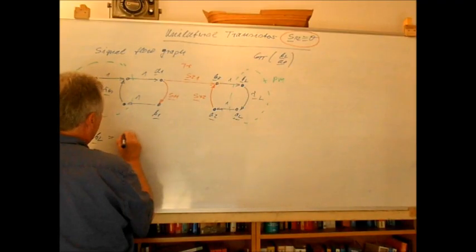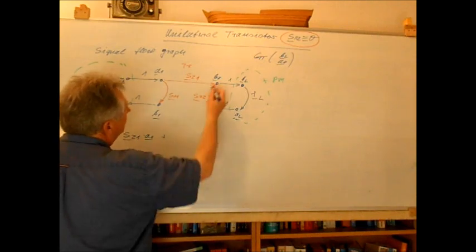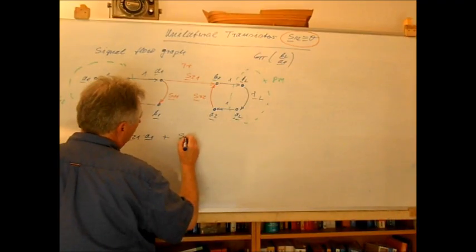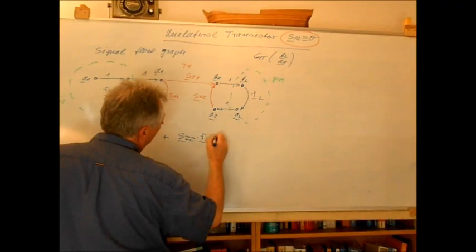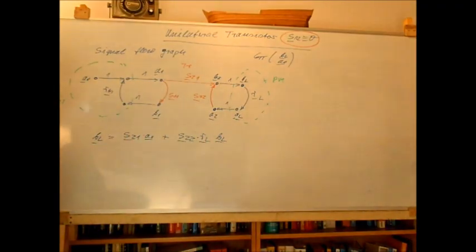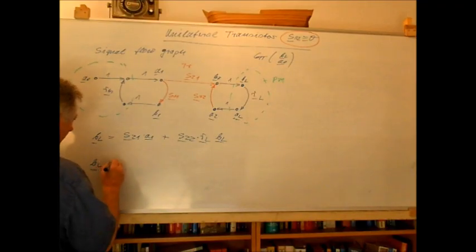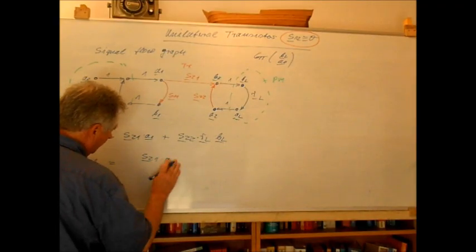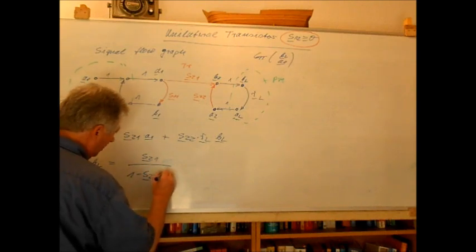One term is S21 times A1 plus a second term, and the second term is just plus here S22 times RL times BL. So we can solve this for BL, and we will find that BL is equal to S21 times A1 divided by 1 minus S22 times RL.